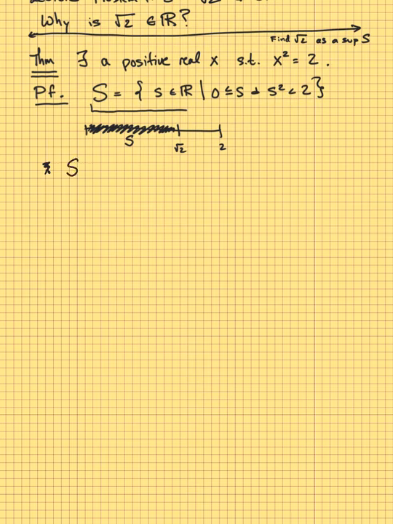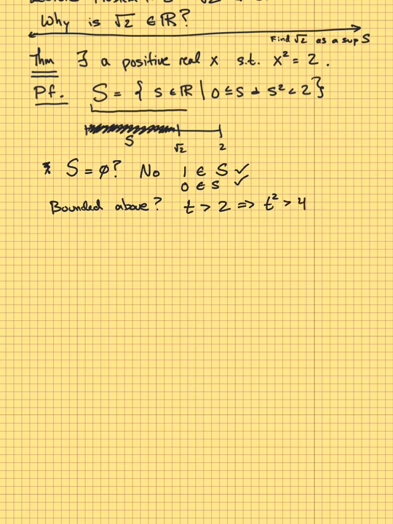So first, let's check the details. First, is S empty? We need non-empty sets if we're going to have sups. And the answer is no, because 1 is in S. Phew! Or 0 is in S. Okay, very good. Now how about bounded above? We also need that if we're going to say that a sup exists. Yes, right? Because if t is greater than 2, then t squared is greater than 4.